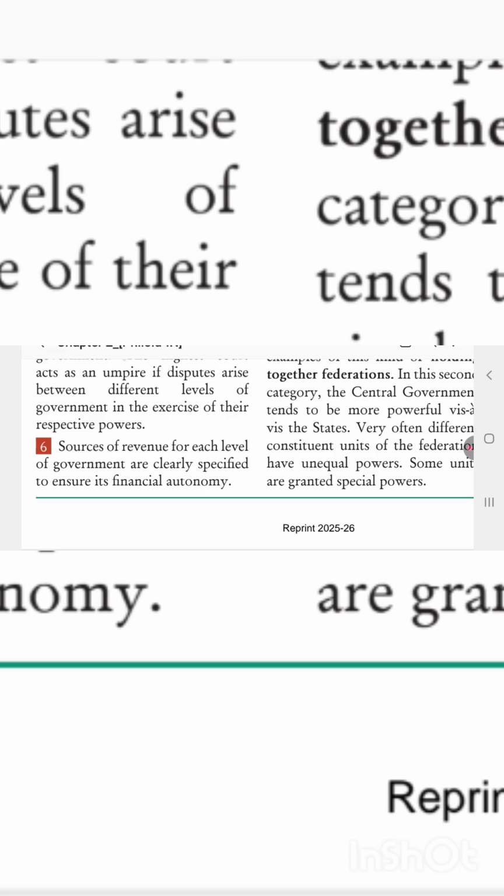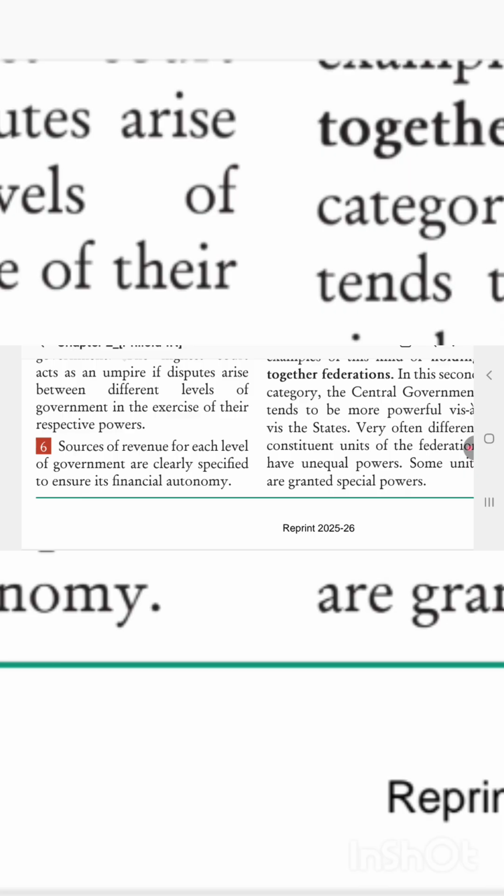And they are mentioned in the constitution, so that no government is dependent on another. Like the central government will not be dependent on state or local government for financial assistance. Also the state government and local government will not be dependent on the central government. I'm not talking about India, but in general. But in the case of India, in some cases the state government is dependent on the central government, but for local government they have specified taxation sources from where they can collect revenue in order to build infrastructure in the local area. Clear?